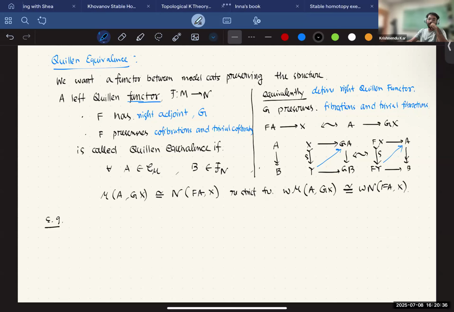Yeah, go ahead, Professor Hoffman. Do you really mean to write M of A, GX, or M of A, GB?